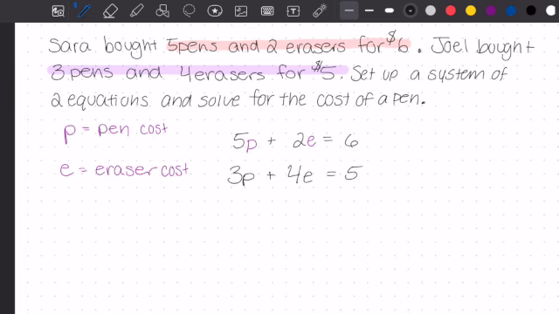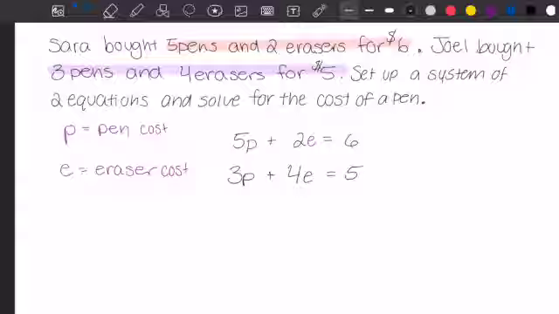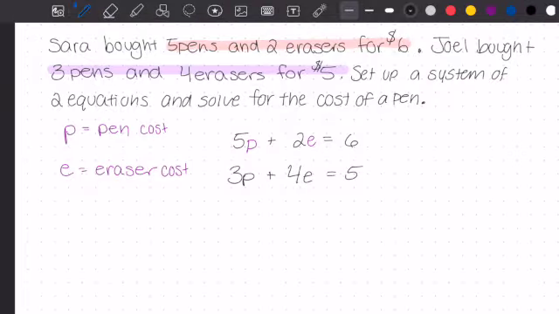Now, I'm going to look at this equation, and either choice I make, substitution or elimination, I'm going to end up with something a little bit messy. However, if I choose substitution, I'm going to end up with fractions. Most of us want to avoid fractions here, so elimination is typically our easier option.